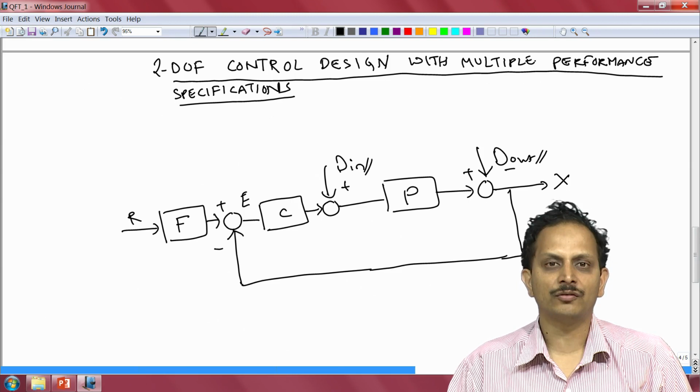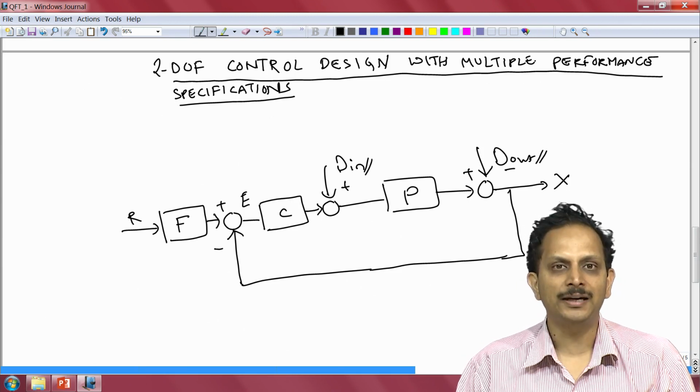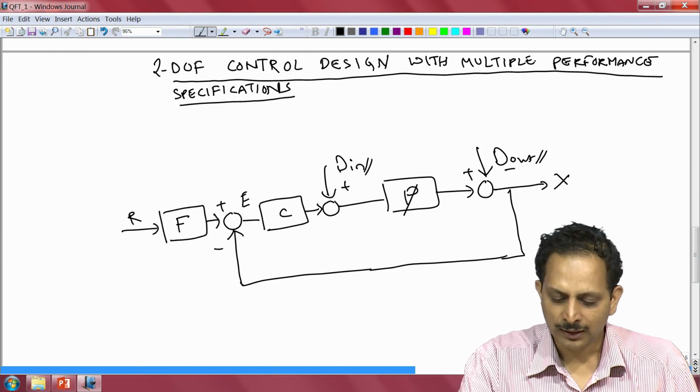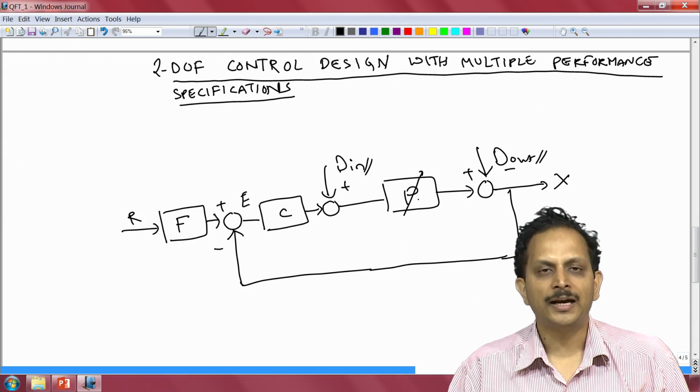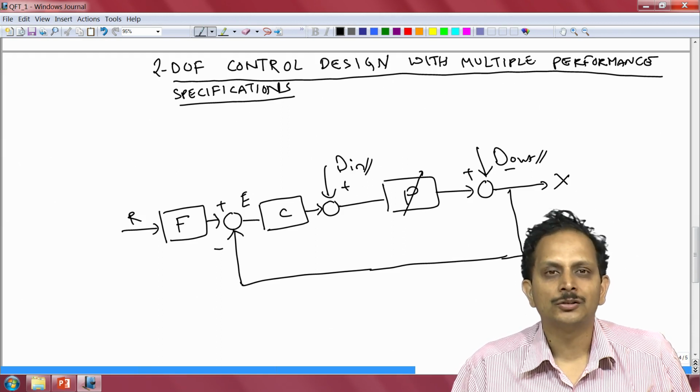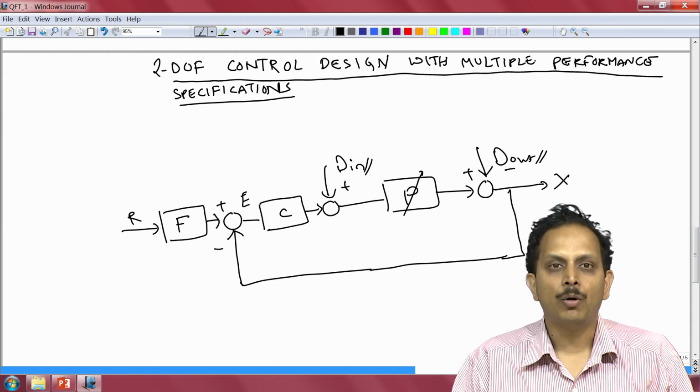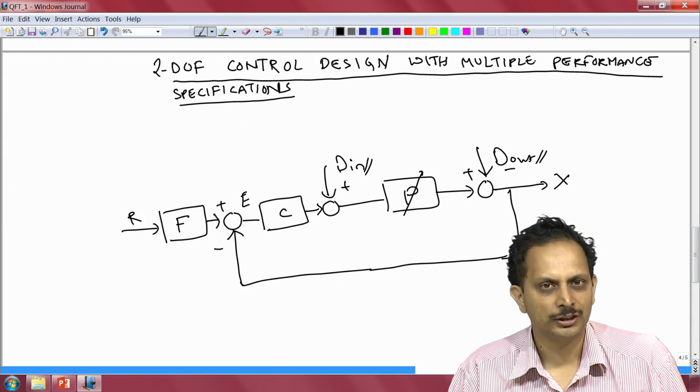And on top of all of this, we may have an uncertain plant, so a plant whose pole locations and the gains and the zero locations might be uncertain, so the plant model itself has some uncertainty associated with it.